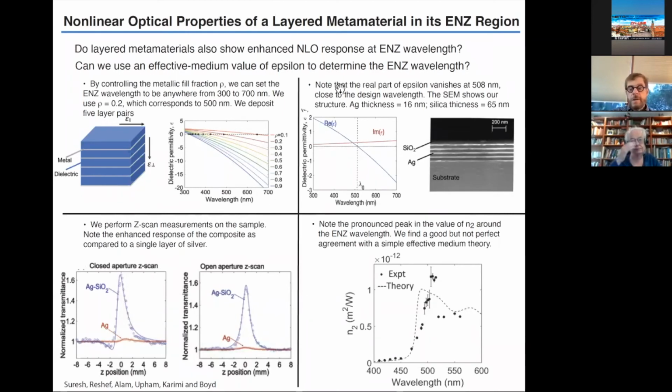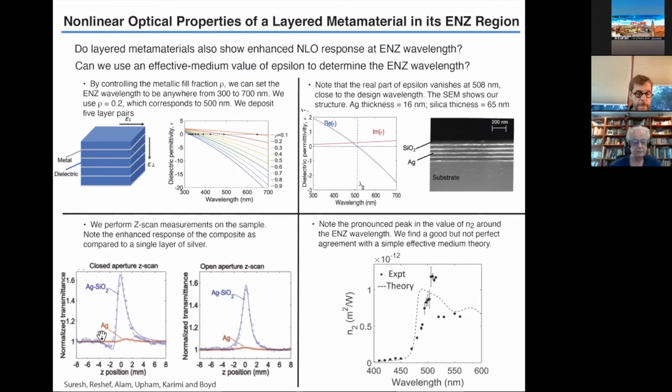We constructed one of these by deposition, and we measured the real and the imaginary parts of epsilon. We find that the real part of epsilon vanishes at the wavelength of 508 nanometers.